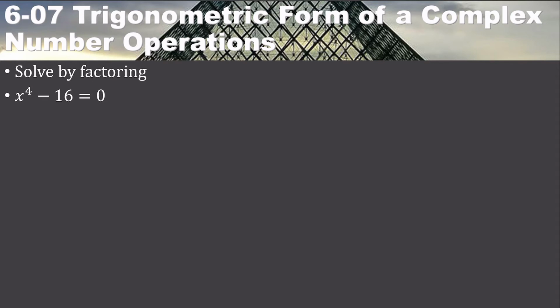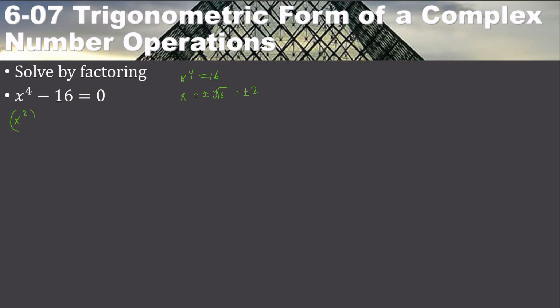Before we jump to the next thing, let's think about this. x to the fourth minus 16. To solve it, you would probably say, oh, it's x to the fourth equals 16, and then you do a plus and minus fourth root, which would be plus and minus 2. But if I solve it by factoring, it's a difference of squares.